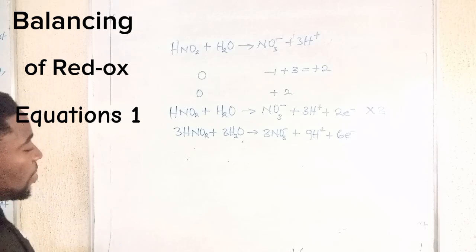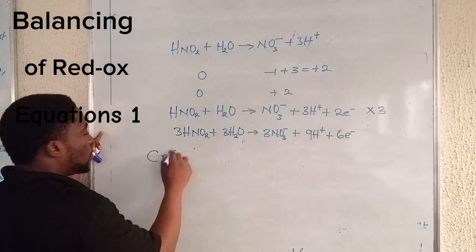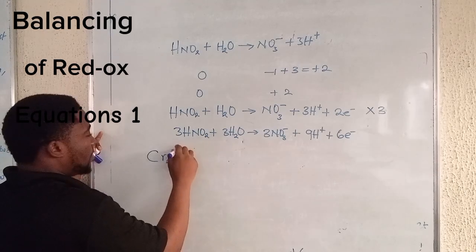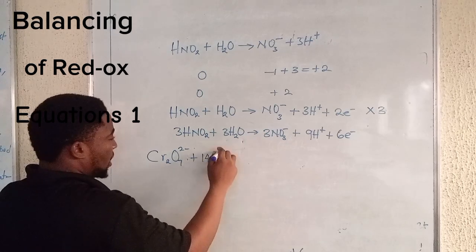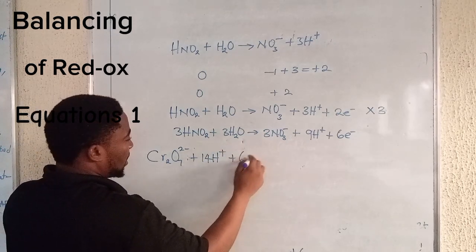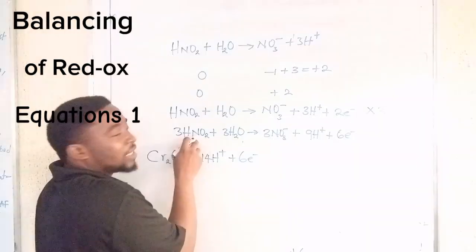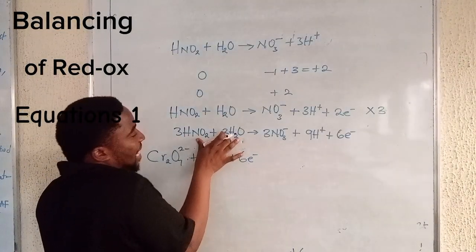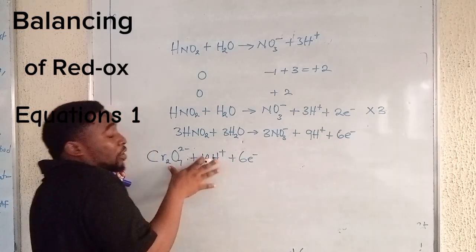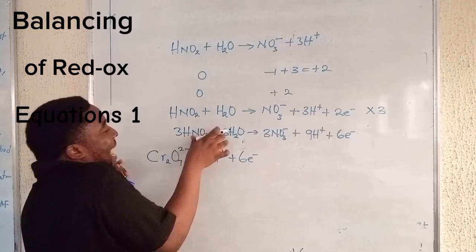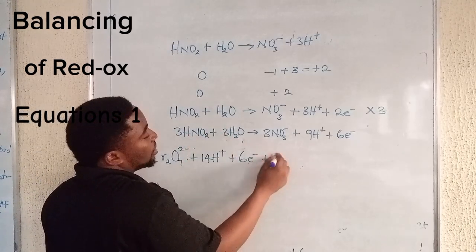So the reduction half equation is Cr2O7 2 minus plus 14H plus 6e minus. Remember, this is the reactant side, this is the product side. I'm going to add it with the reactant side of the oxidation half equation. So I'm joining it together.